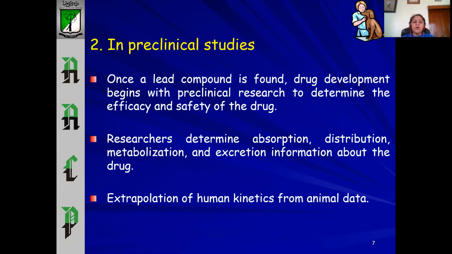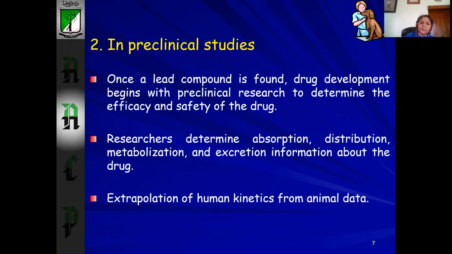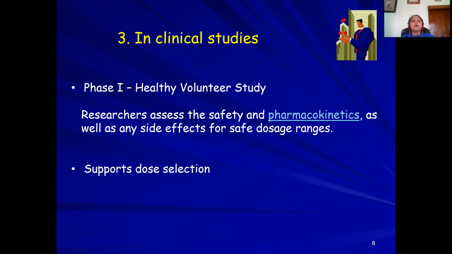And we could also extrapolate the human kinetics from the animal data. In clinical studies, in phase 1 studies, where healthy human volunteers are used, researchers assess the safety and pharmacokinetics as well as any side effects for the safe dosage ranges. So here in phase 1, the pharmacokinetic data supports dose selection.